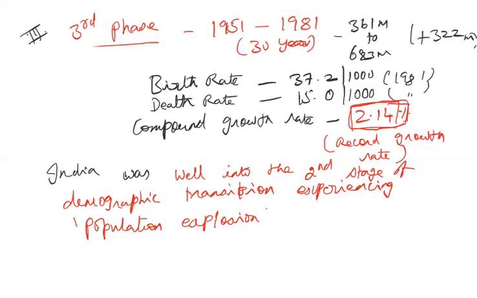So we were well into the second stage of demographic transition, experiencing that alarming population growth which economists normally call the population explosion. And then after that, slowly the growth rate started decreasing because of the efforts made by the country.